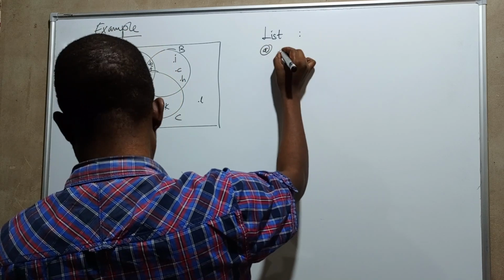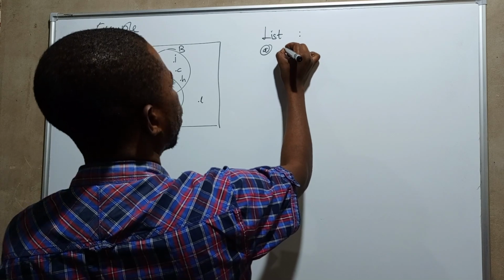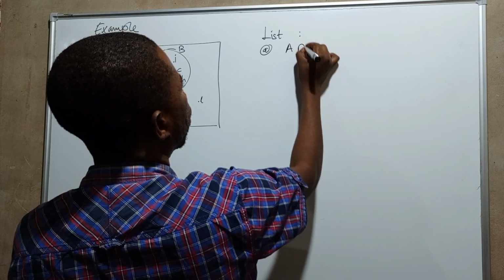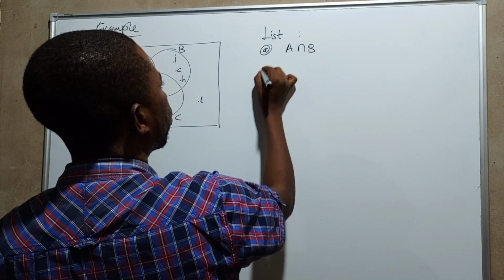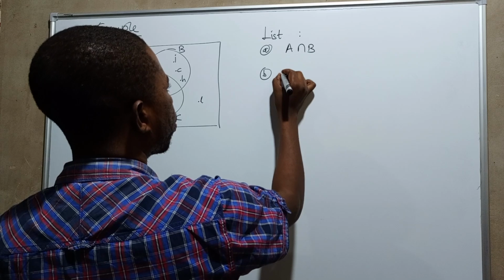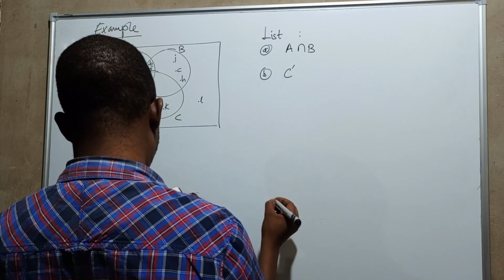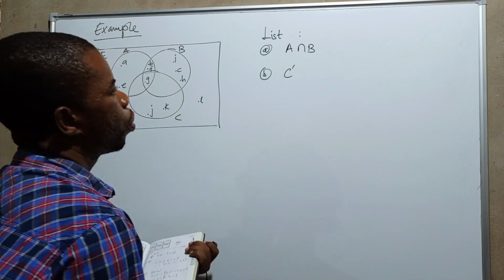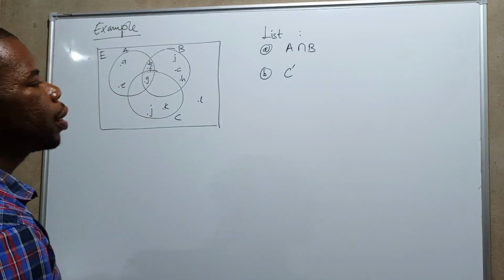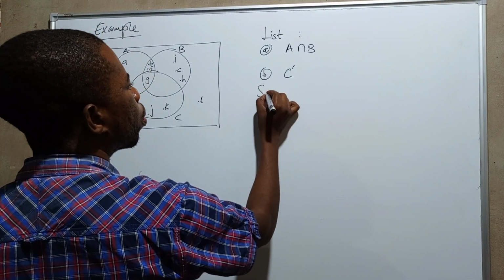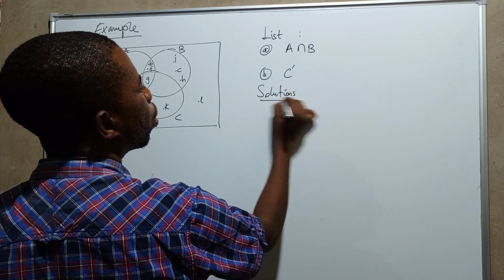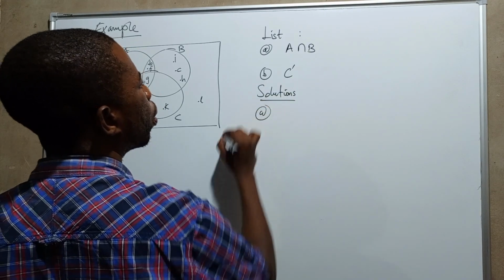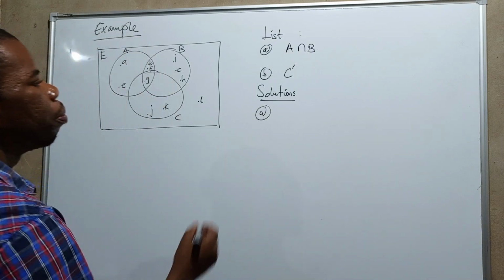Then we have questions which say list: A, we list A intersection B, then B, we list C complement. They're just two. So in answering this, it will be simple.